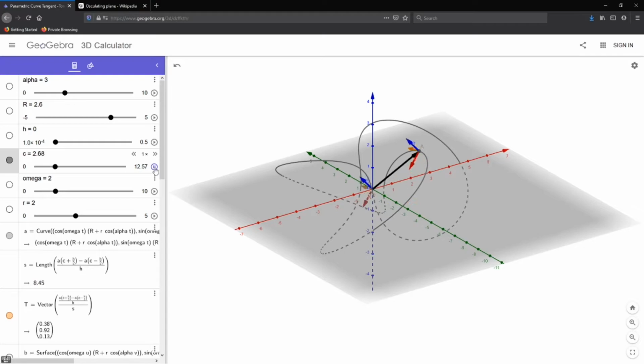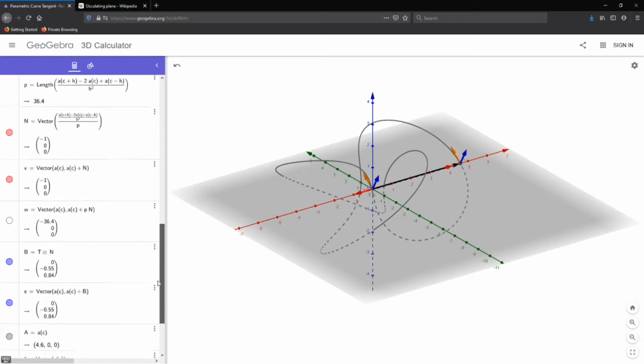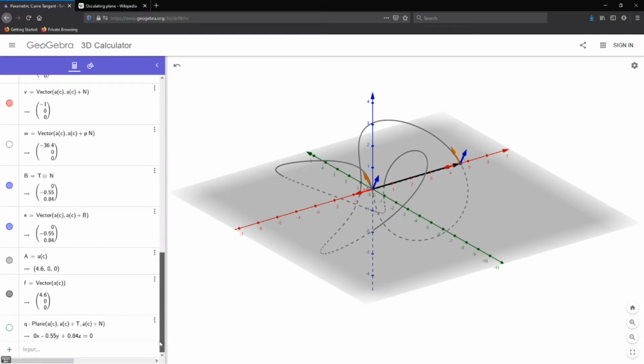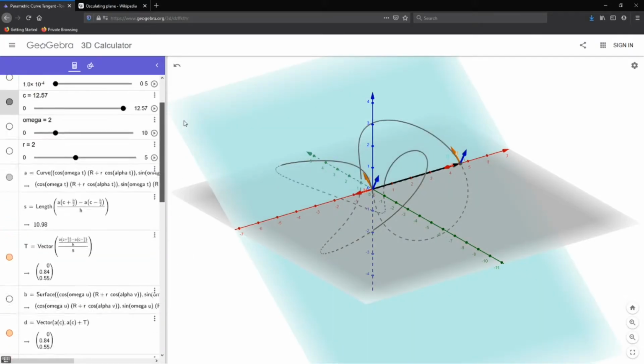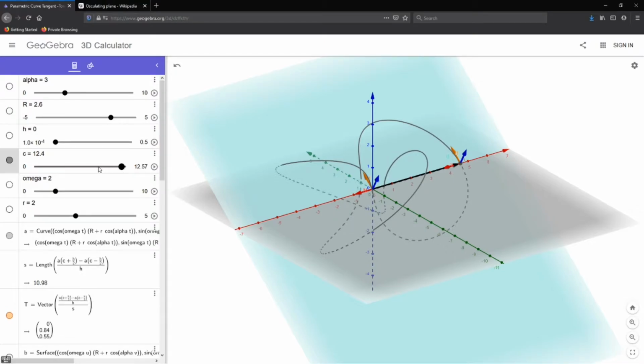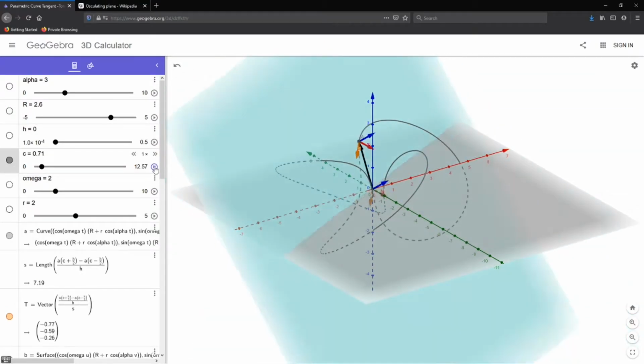As you move along this curve right here, you end up getting that the tangent vector, the normal vector, and the binormal vector all behave exactly as we predicted they would based on the last lecture. And if we go through, we can even show the osculating plane if we want to, and how that changes as we go through this process.